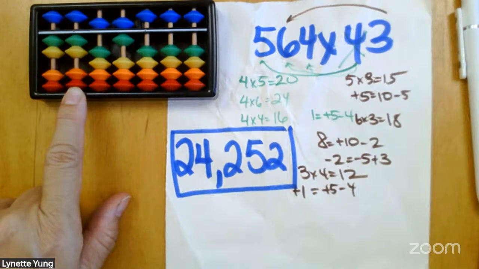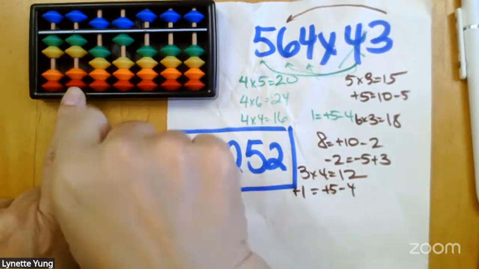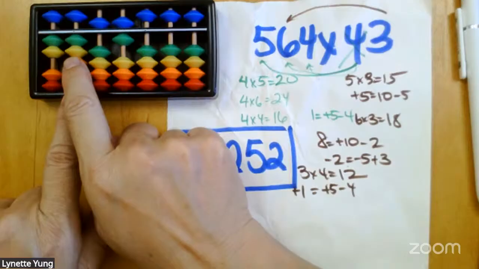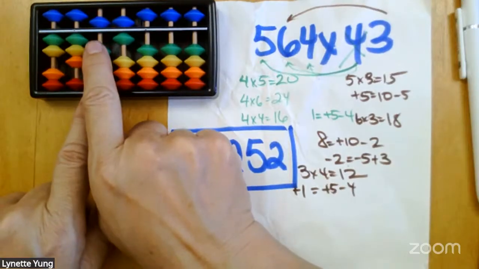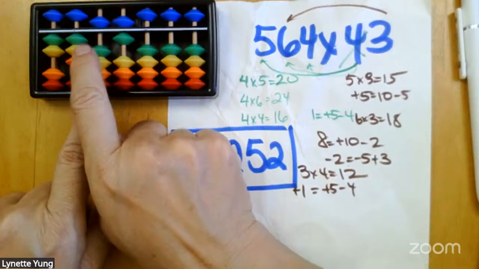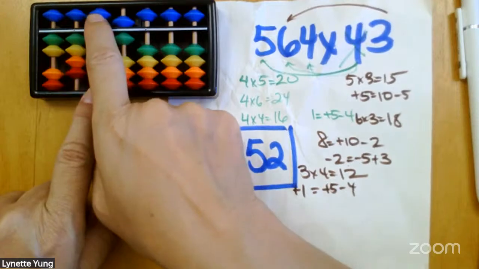Okay, so I'm going to start over from the beginning, and you're going to go over 4 spaces. 1, 2, 3, 4. And you have 3 times 5 is 15. You have the 1 and the 5. Plus the 5 is plus the 10 minus the 5.